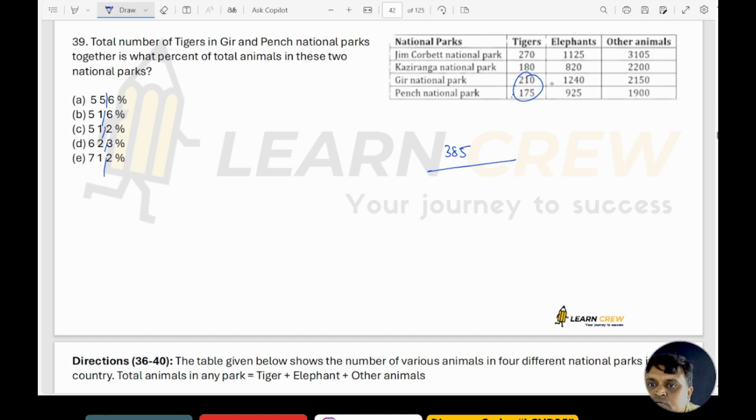If you add all these figures, you are going to get 6,600. So 385 is what percentage of 6,600? 0, 0 cancel. Now 11 35s are 385, 11 6s are 66. So 6 5s are 30, and it is 5 by 6 percentage. Option A is correct.